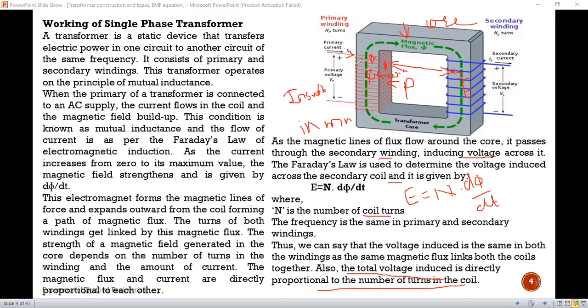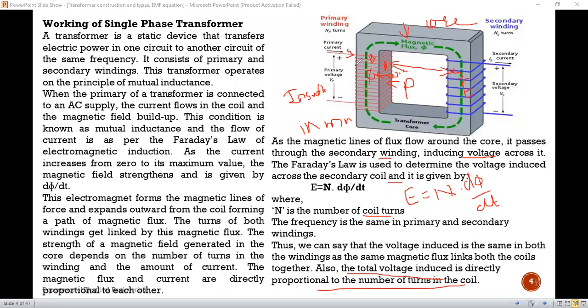If the core is laminated, then the eddy current loss is reduced. The eddy current loss in a transformer is minimized by using lamination in between the core strips.